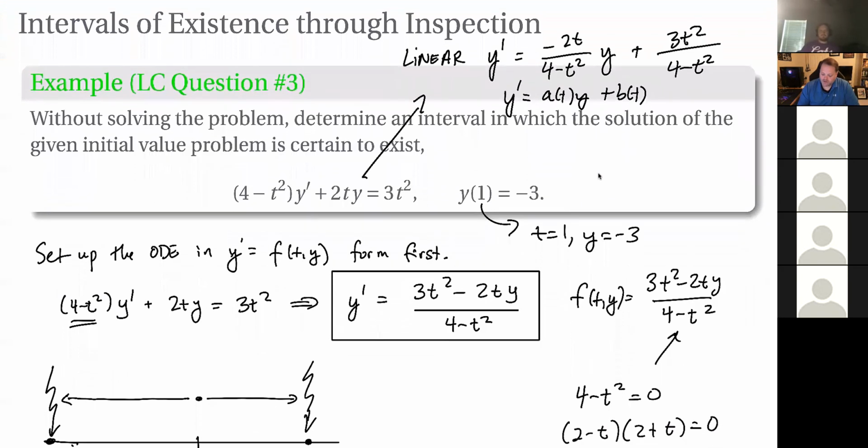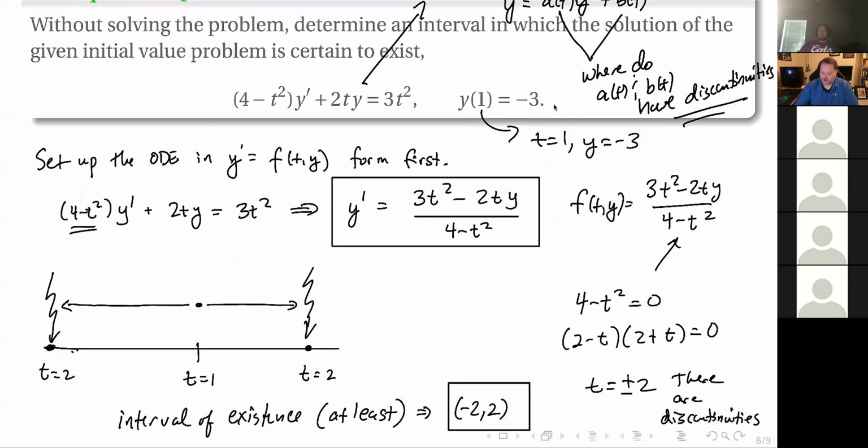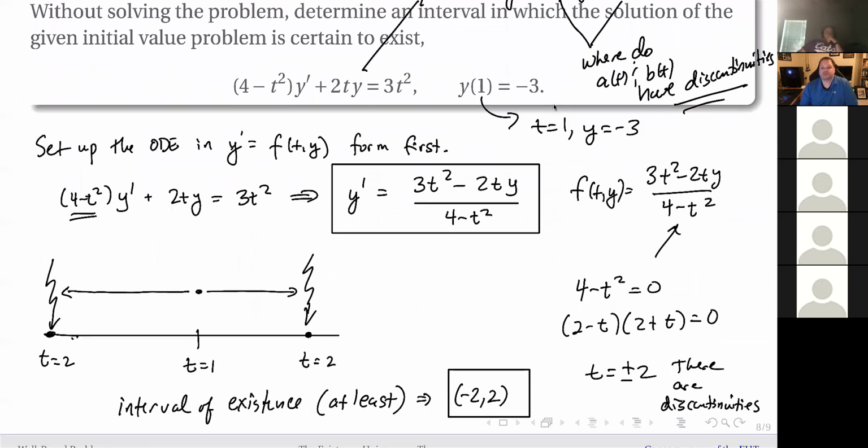And for linear differential equations, all you have to do is determine a of t and b of t. Where do a of t and b of t have discontinuities? And if you can determine that, then you automatically know the interval of existence.